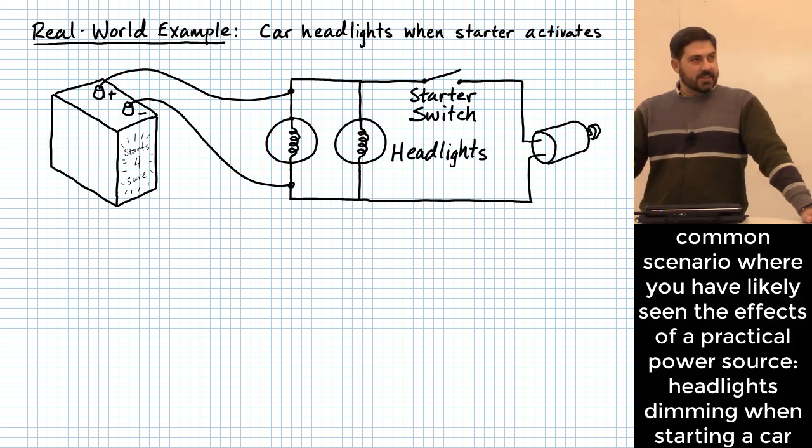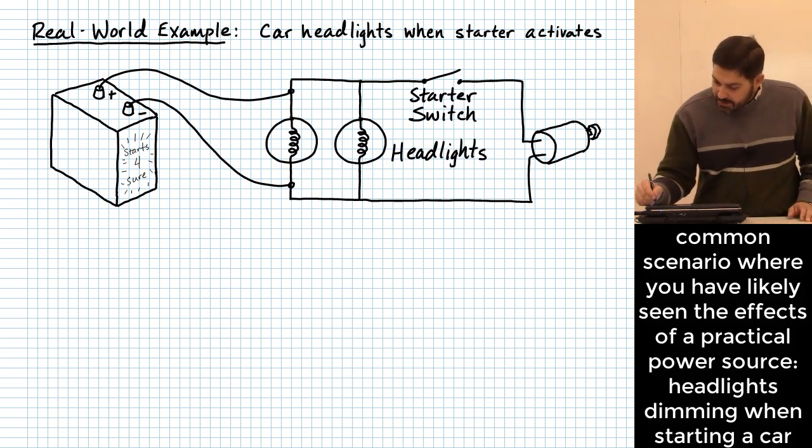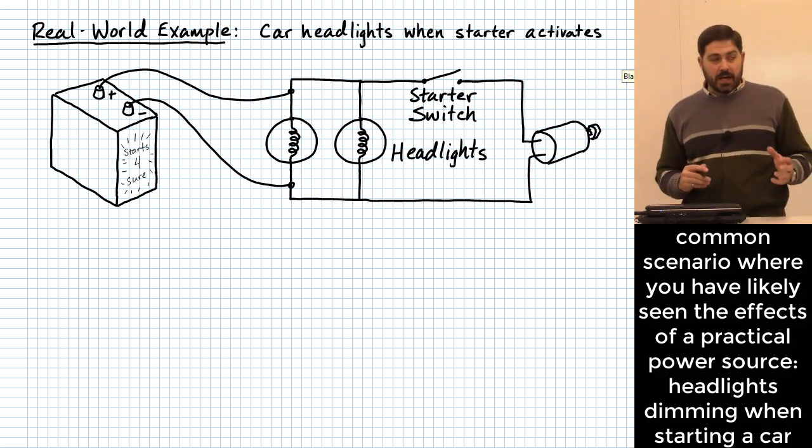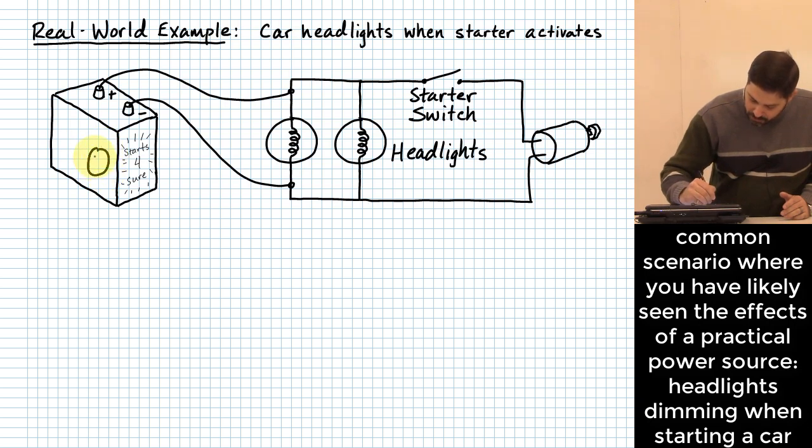Okay, let me actually kind of explain this to you with some numbers that are somewhat realistic. For your battery, inside of the battery, it is going to be a practical voltage source. That's what the battery is in your car. So inside of this thing, you have a little ideal voltage source, right?